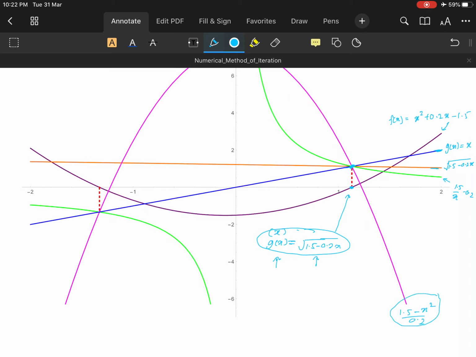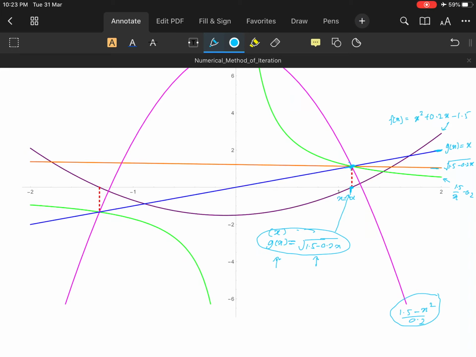You can see that all of them are intersecting at the same particular point, which is defined by the same value of alpha, x equals alpha here. All right, so that's why this relation works.